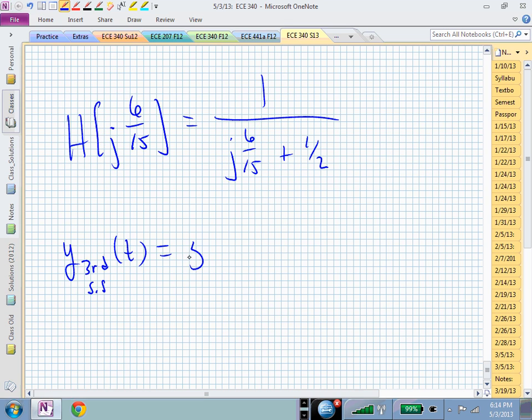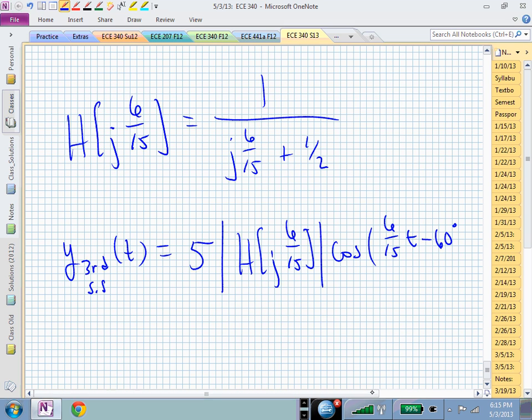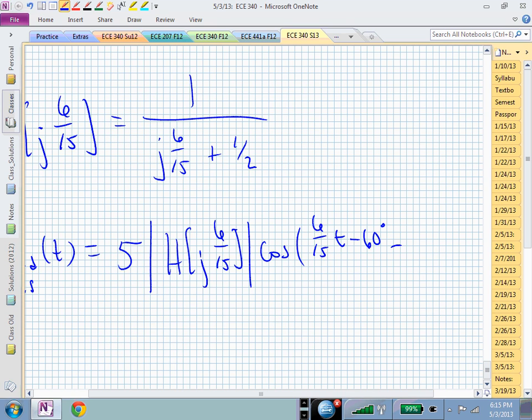The third harmonic started with a magnitude of 5. Its amplitude now gets adjusted by h at that frequency of interest, 6/15. We haven't changed the frequency. That's still omega sub 2, I think is what we were calling it to begin with. Minus 60 degrees, and if we needed it, which we really don't, but I'm going to do it for completeness, minus the angle of h of j 6/15.